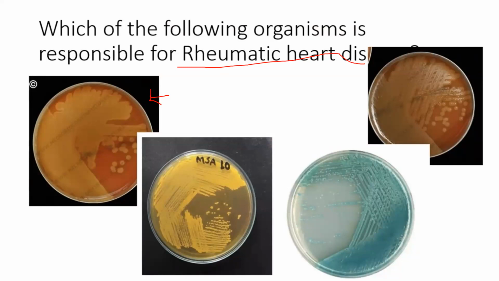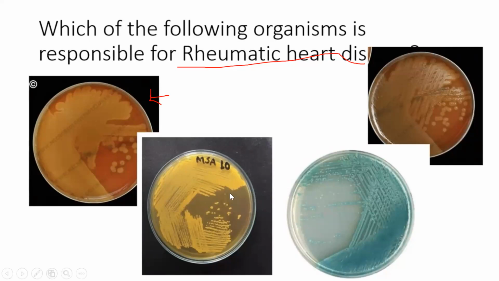MacConkey agar, exactly. Someone said negative. Please remember, don't confuse the mannitol salt with the MacConkey agar. In mannitol salt, positive is yellow, which means mannitol fermenting. In MacConkey agar, pink means positive, which means lactose fermenting. Okay, please don't confuse these two.